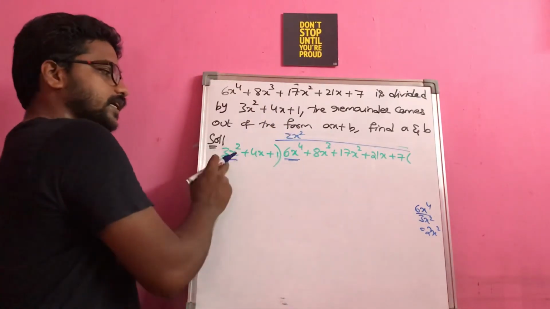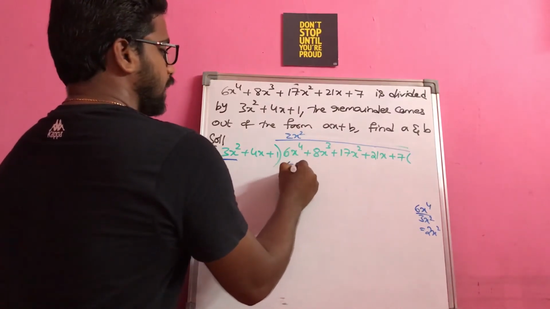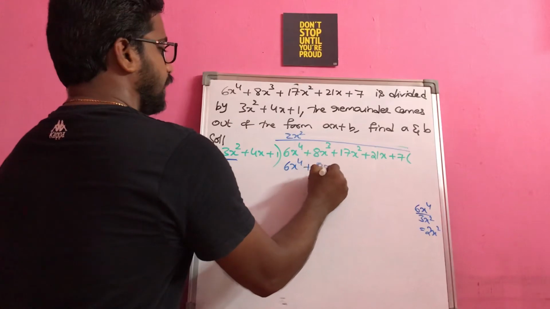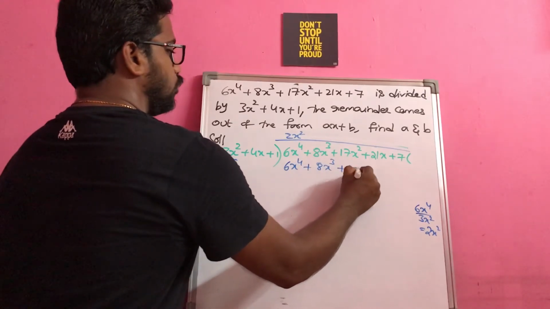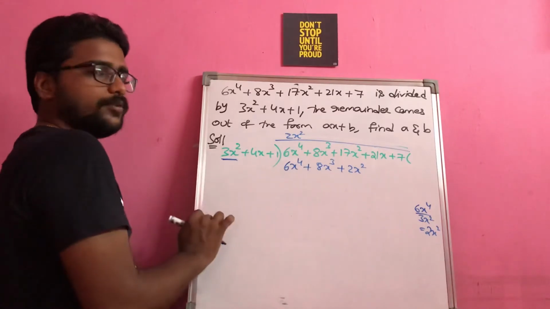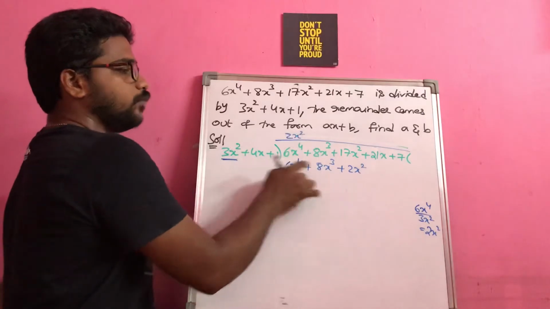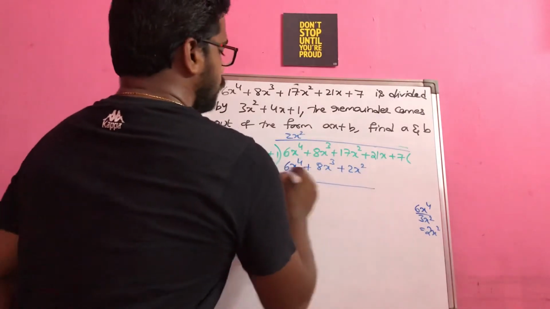Multiply this with each and every term in the divisor, that will give you 6x power 4, 8x cube, and then 2x square. 2x square into 3x square is 6x power 4, 2x square into 4x is 8x cube, 2x square into 1 is 2x square. So do the subtraction now.